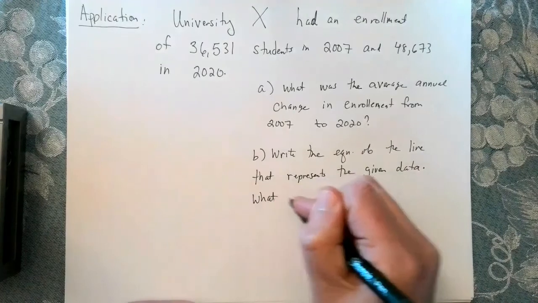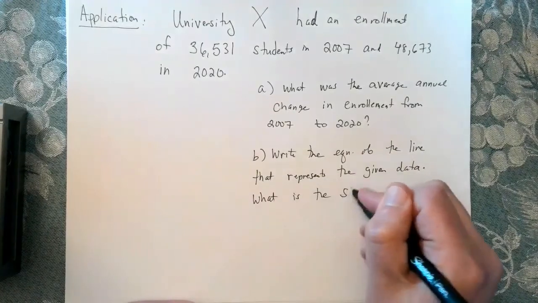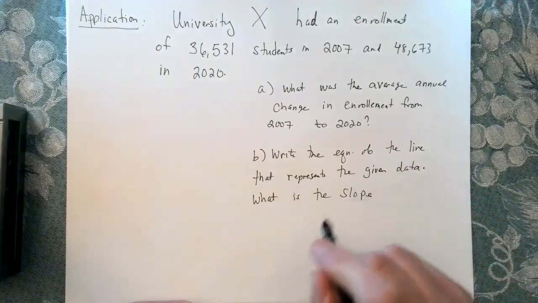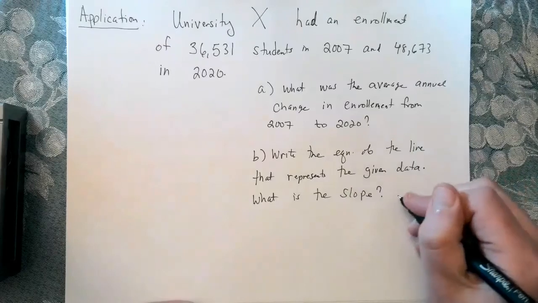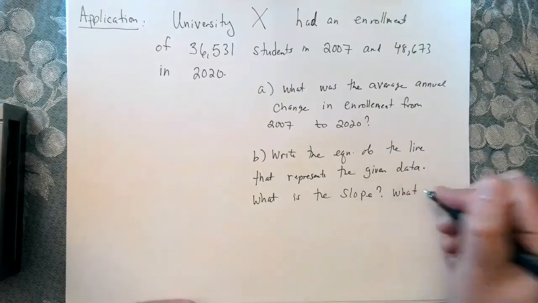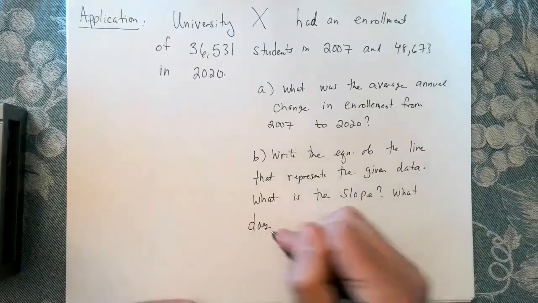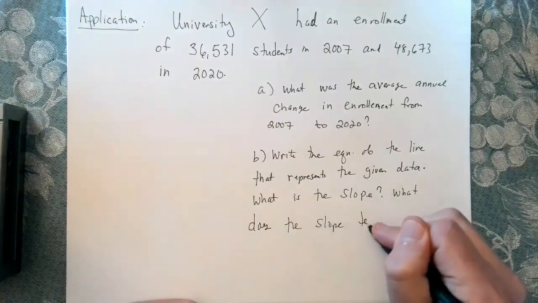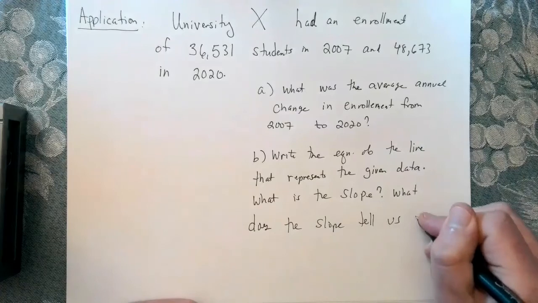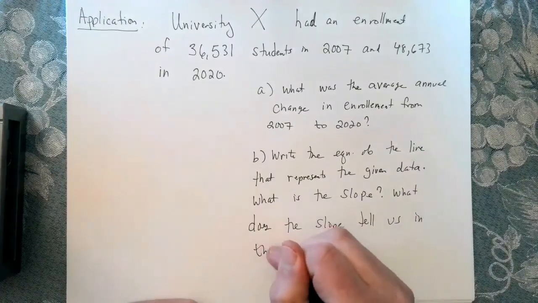And then let's say, what is the slope? And what is the interpretation of the slope relative to this exercise? Well, let's say, what does the slope tell us in this problem?